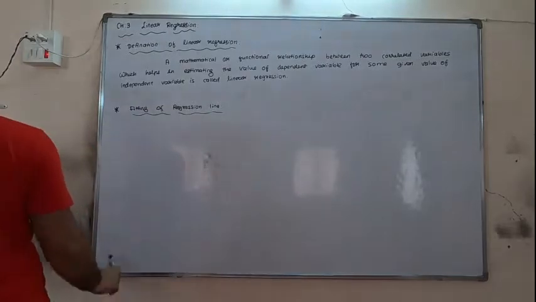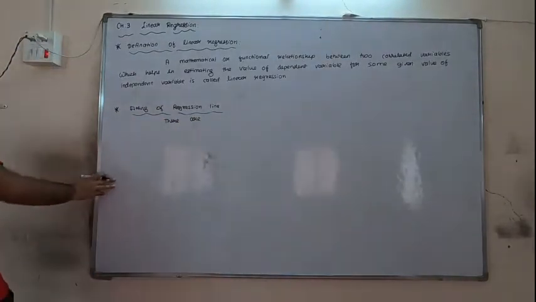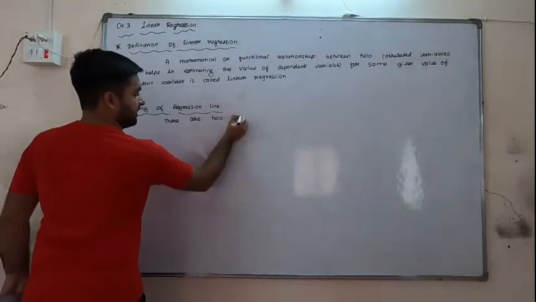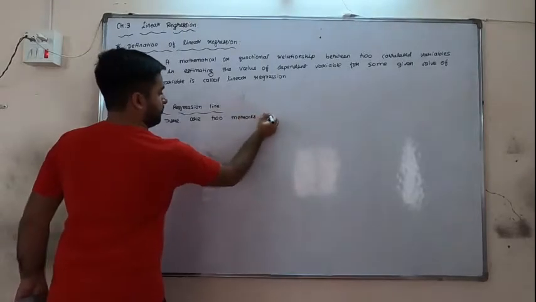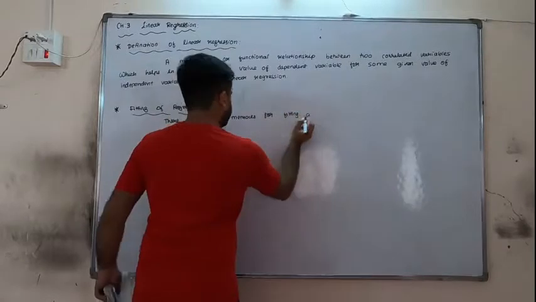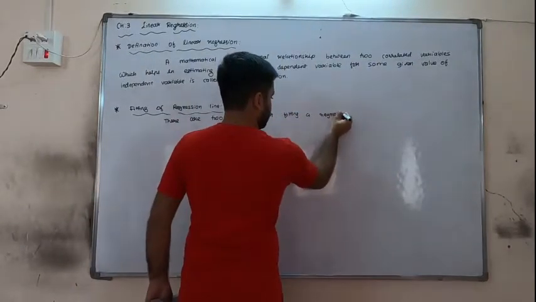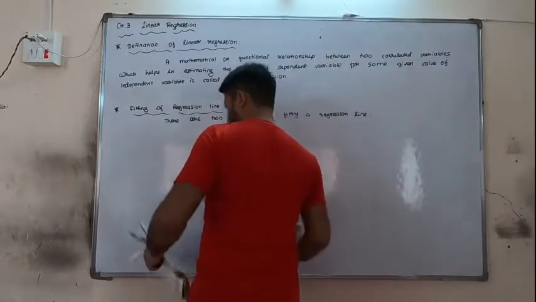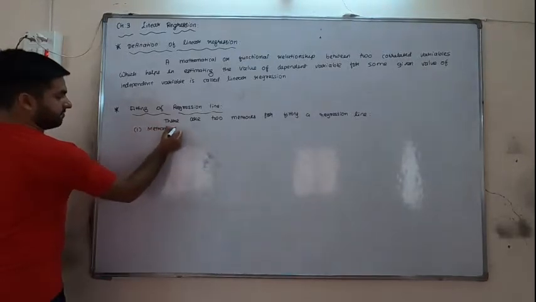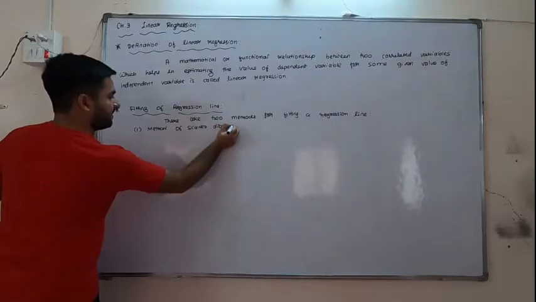We will write: there are two methods for fitting a regression line. Those methods are the method of scatter diagram.